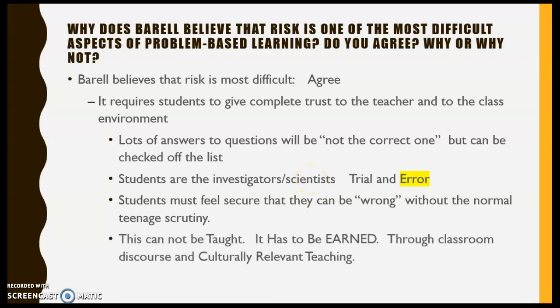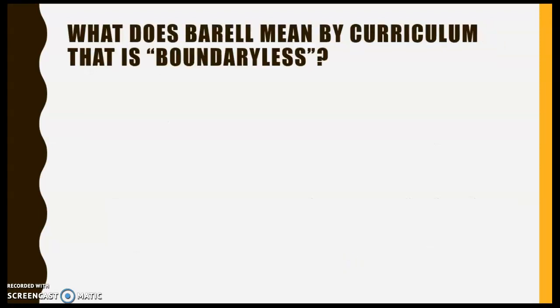This cannot be taught. It has to be earned. It's earned through classroom discourse and culturally relevant teaching. Those things are hard to do, because those are active processes that the teacher has to complete on a daily basis. So let's move on.